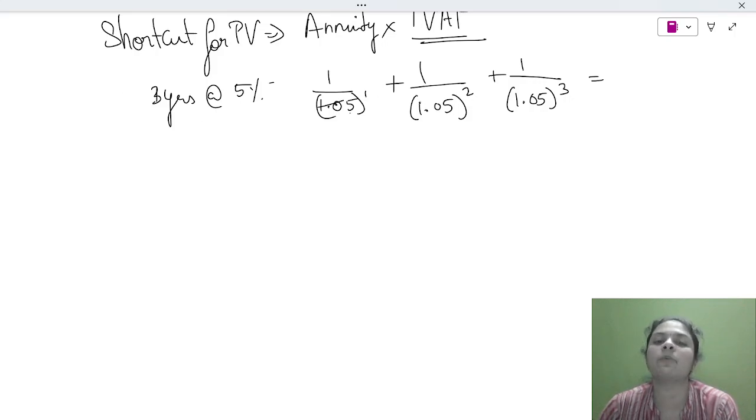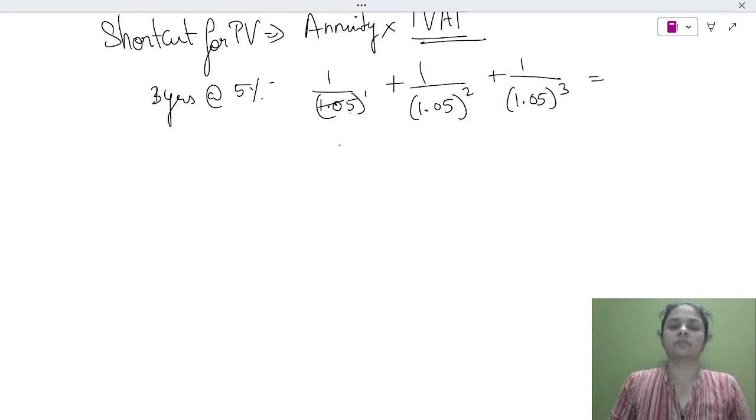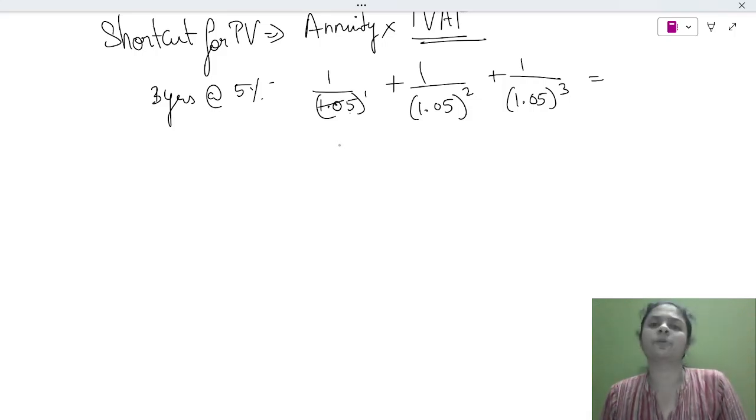3 years nala 1, 2, 3 பண்ணிருக்கேன். So in the calculator you can do 1 divided by 1.05 equal to, the value you will get. Again press equal to, you will get square oda value. Again plus equal to, you will get cube oda value.